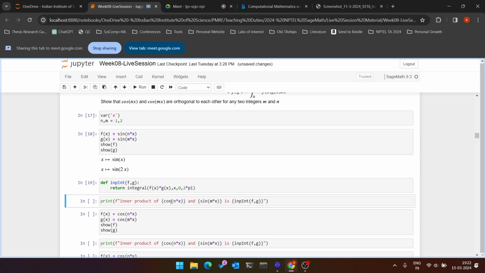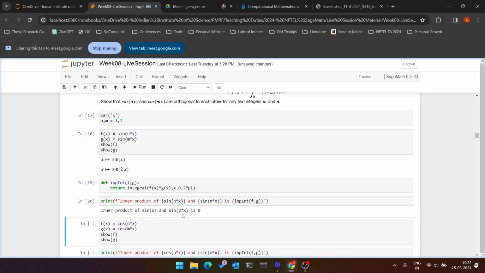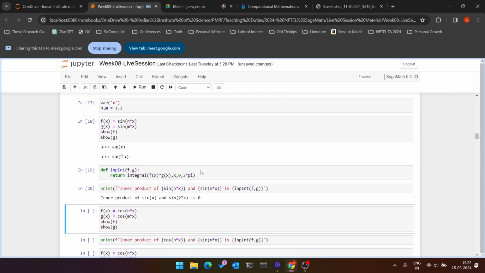And if I now calculate the inner product of sine of nx and sine of mx, I basically get that the inner product of sine of x and sine of 2x is 0, which means that they are orthogonal to each other.